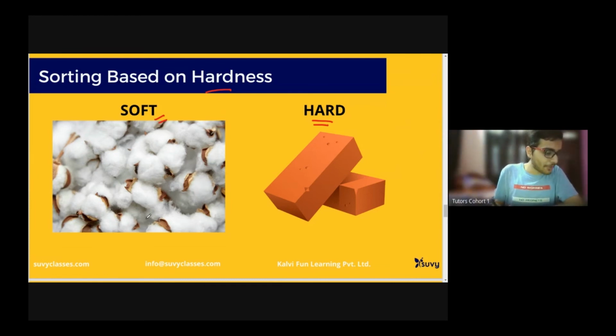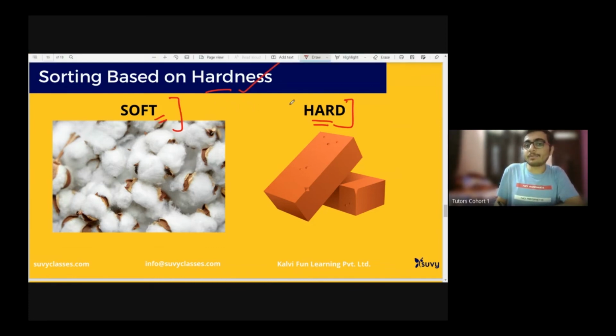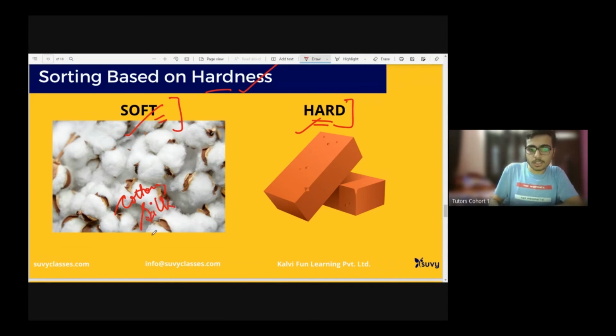Please don't laugh in the chat box. It's not a matter to laugh about. But yes, that's the point of difference between substances. We can differentiate substances or materials on the basis of hardness. Some things may be hard and some may be soft. Cotton is soft, silk is soft, sponge is soft.